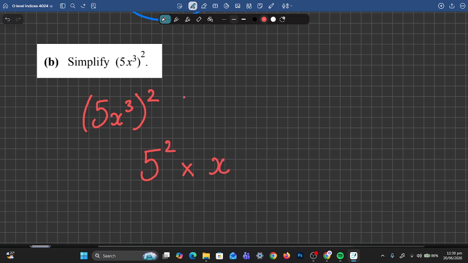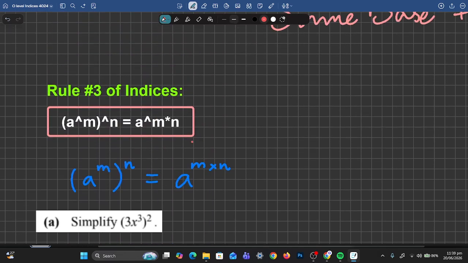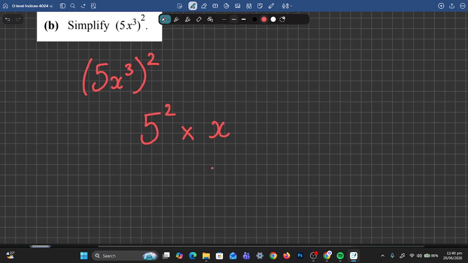As we have learned above, in the third rule, the power will be multiplied with the inner power. The inner power is cube and the outer power is square, so this will become 3 into 2. So 5 square is 25, and x to the power 3 twos are 6. So this is our final answer.